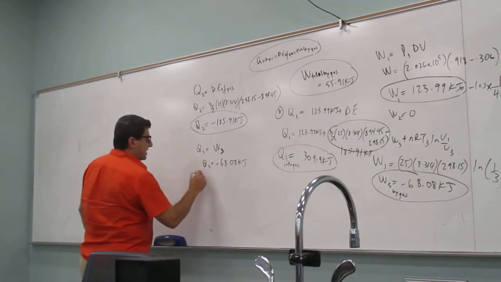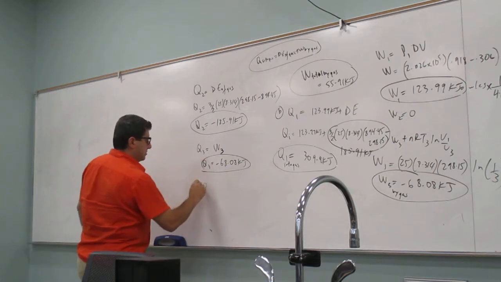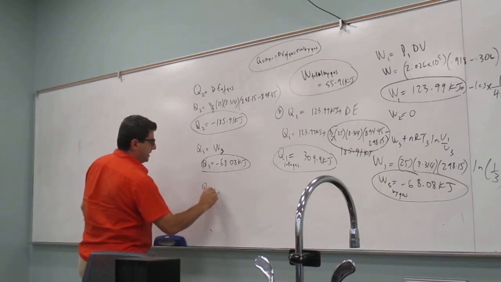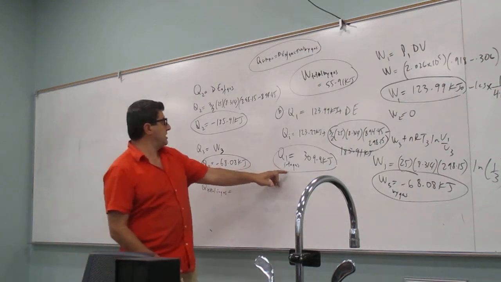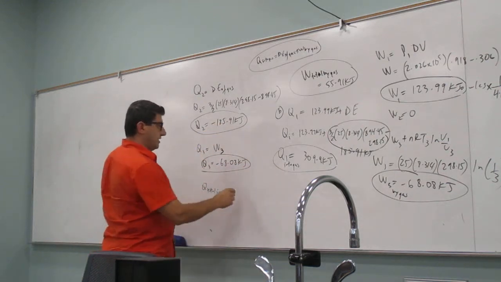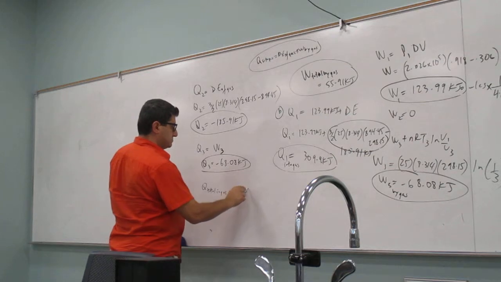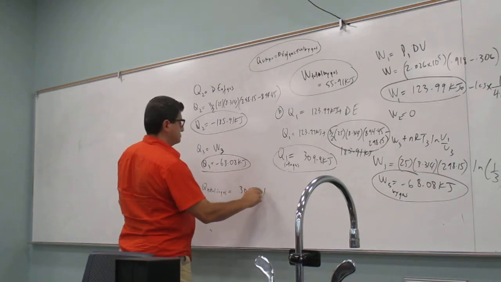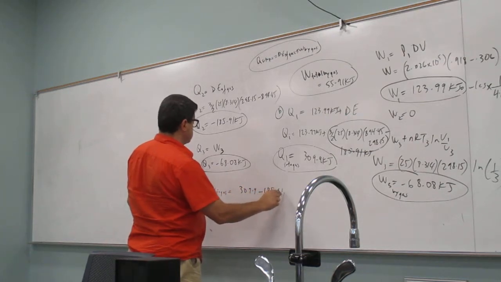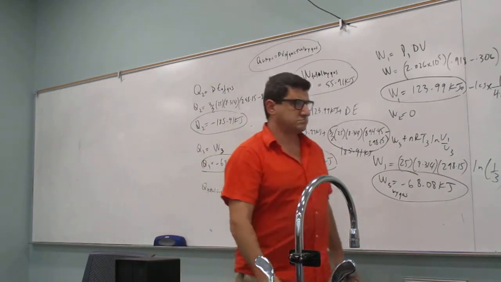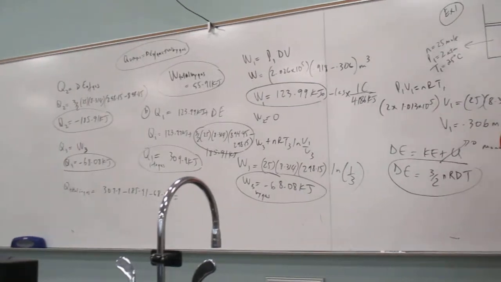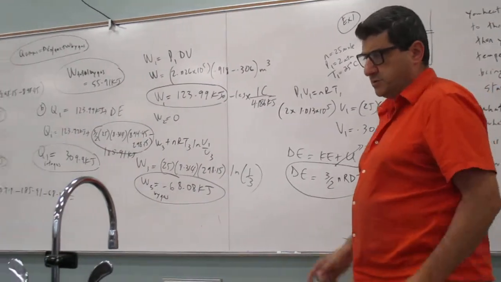Oh, you know what? Let's calculate Q total. Q total into gas is going to be Q1 plus Q2 plus Q3. Okay. Boom.